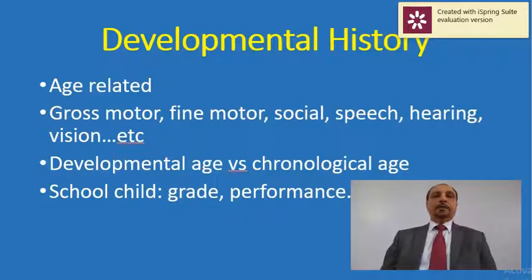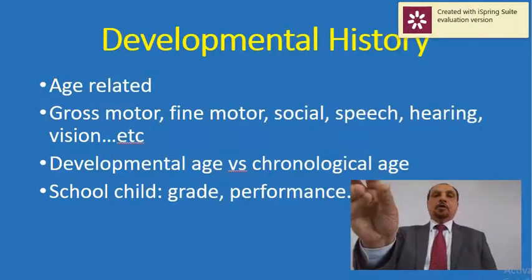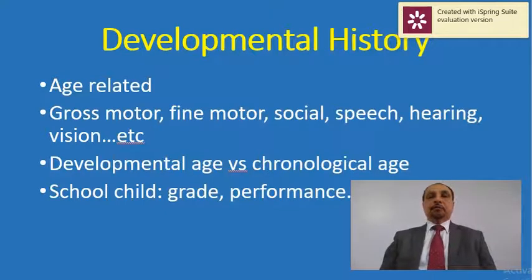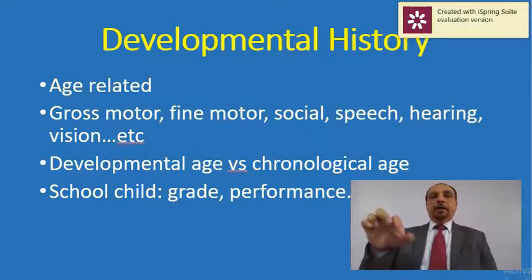For example, when the baby started sitting, standing, walking, jumping, and so on. We speak about fine motor, starting, for example, with reaching for an object and transferring the object from one hand to another, and speak about the pencil grip and so on.